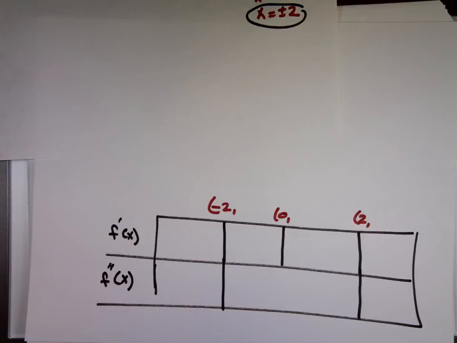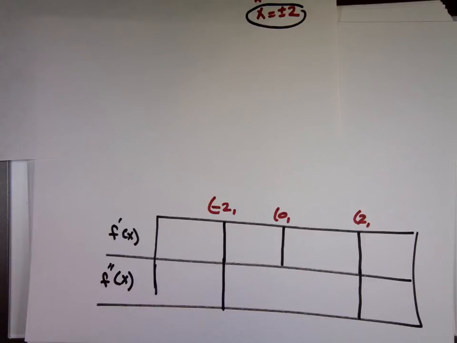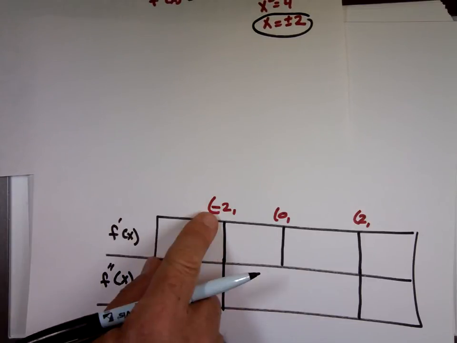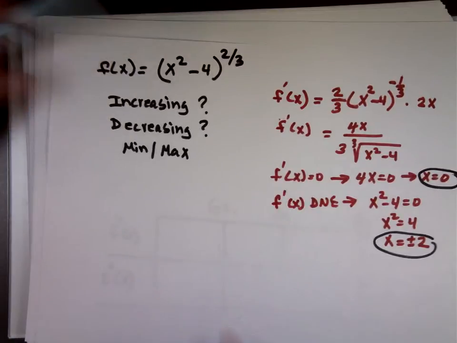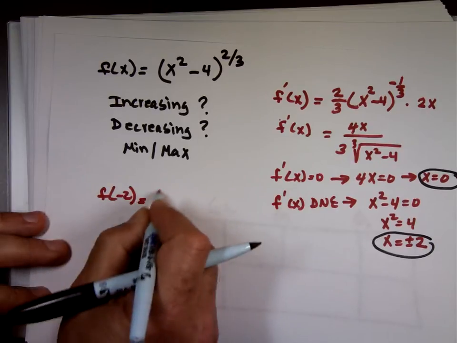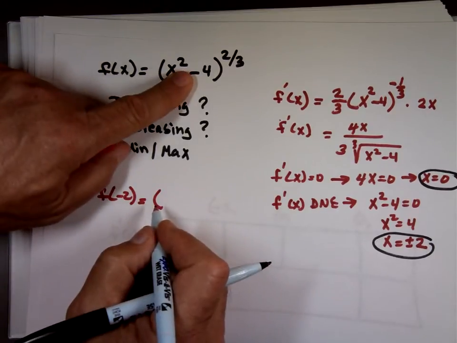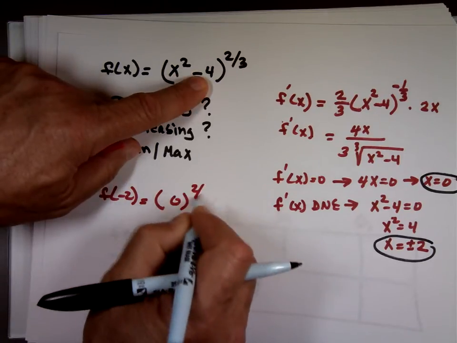And again, I'm outside the box. I need to find the y value for each one of these. Outside the box, that means go to my function, not the derivative. What is the value of f when x is minus 2? What is f of minus 2? What's minus 2 when you square it? 4. 4 minus 4, 0. That's 0 to the power of 2/3, which is what? 0.